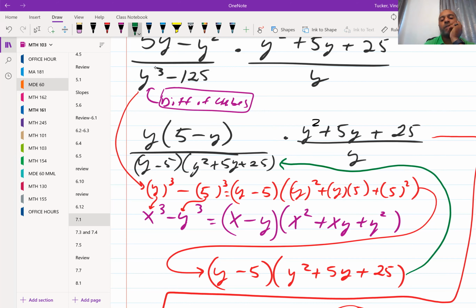All right, so now when we look to cancel, we have y that will cancel. And then notice y squared plus 5y plus 25 will also cancel.